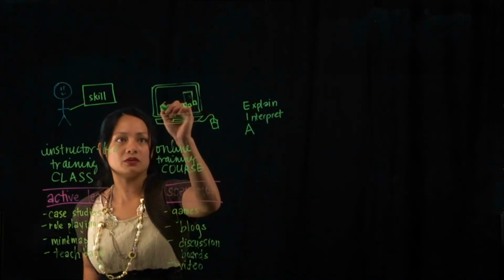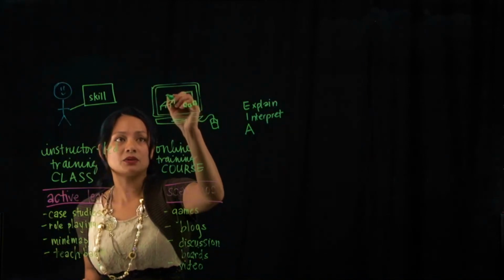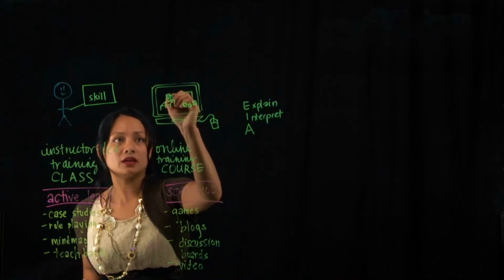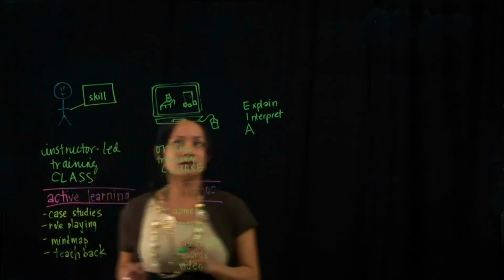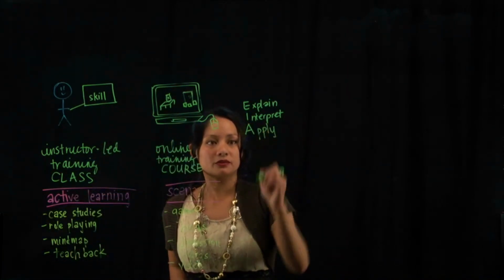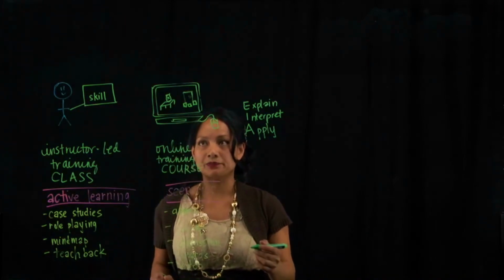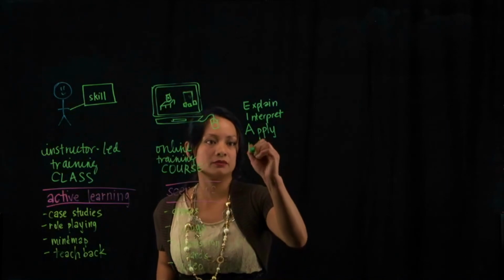For example, I might have a table with a chemical on it, and that chemical has a kind of symbol, and they need to explain what that symbol means. You can apply some principles of chemistry to determine whether the chemical is hazardous.